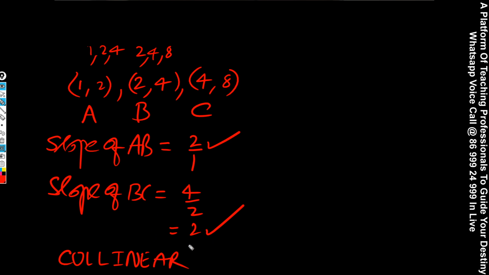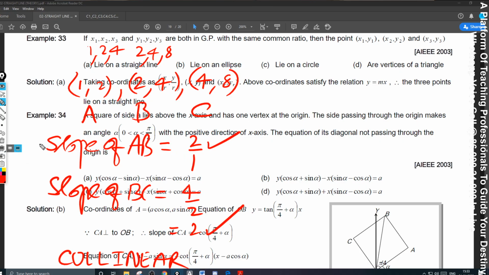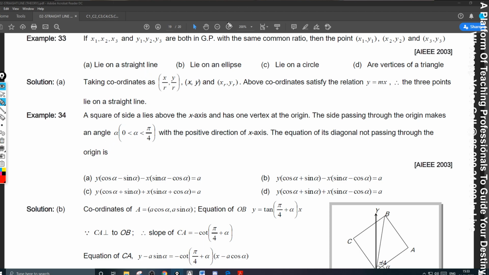That is the answer. These points are collinear. Collinear means they lie on a straight line.